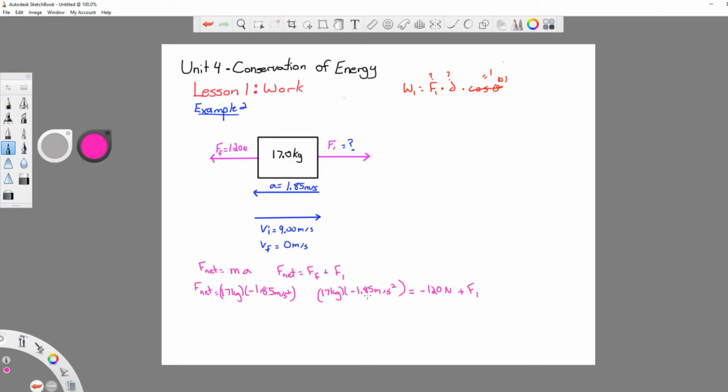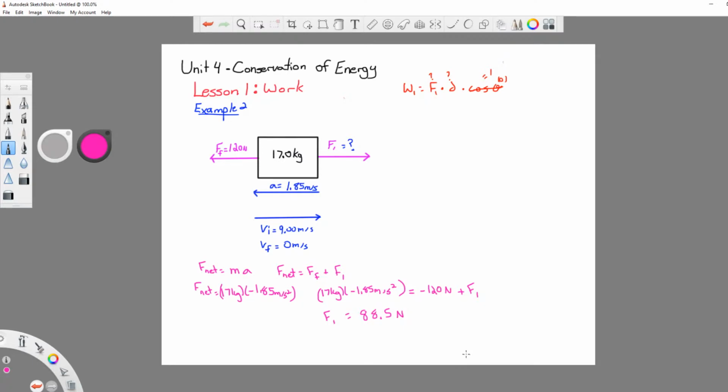Do some rearranging. This is going to be some negative number plus some number 120. And we're going to get a force 1 value of 88.5 newtons.